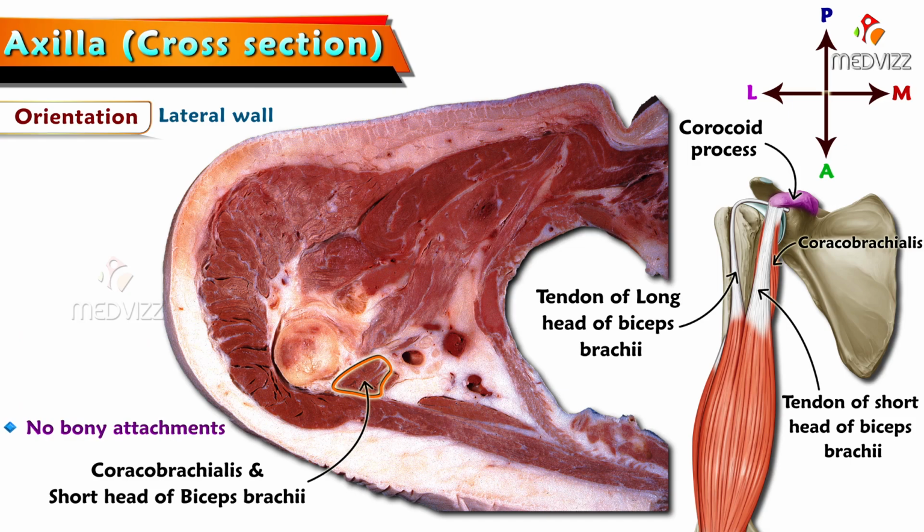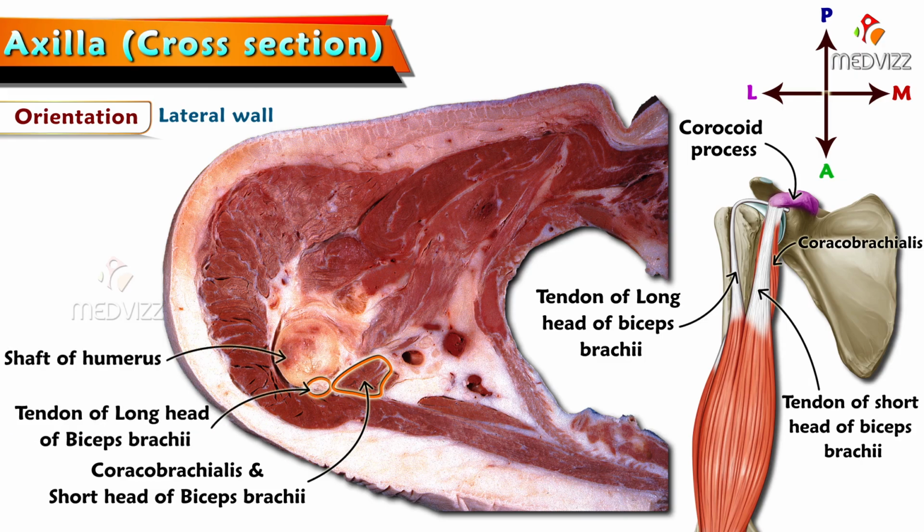We can see these two muscles together on the medial aspect of the humerus, medial to the shaft.